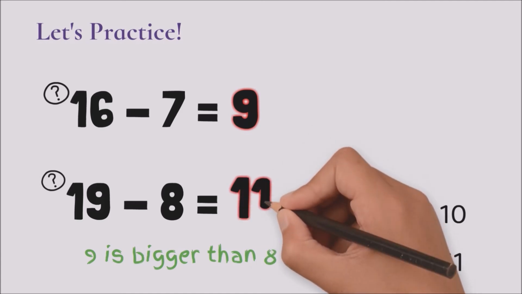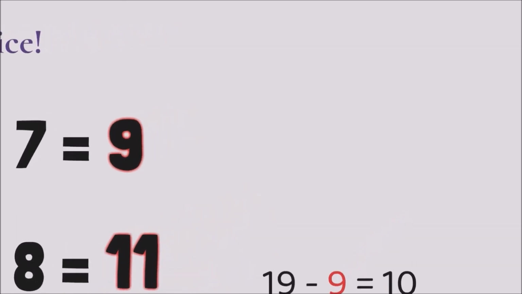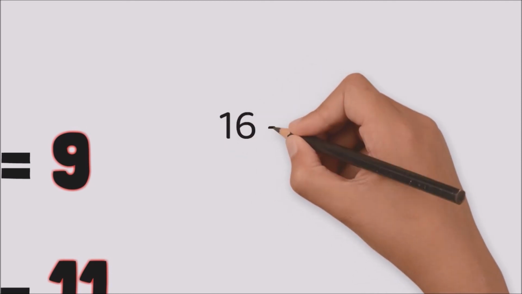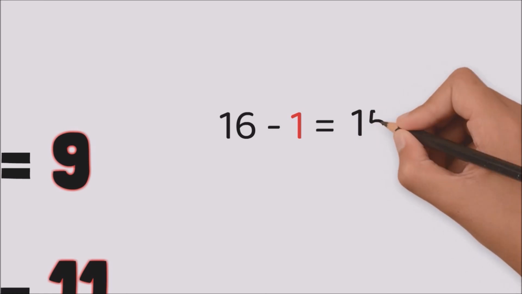Now, this may seem like a complicated method, but trust me, with enough practice, not only will it help you to calculate numbers faster, but it will also help to improve your sense of numbers and how they work by knowing the easiest method to use. So if I say, what is 16 minus 1, right? I definitely don't expect to use the previous method to calculate this because 16 minus 1 is just 1 less, which would be 15.